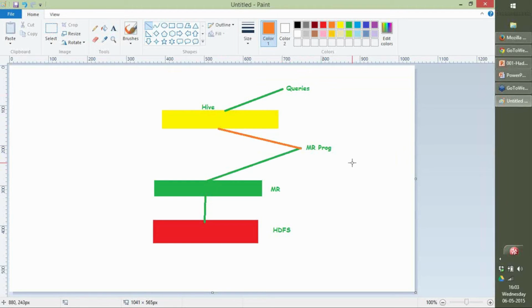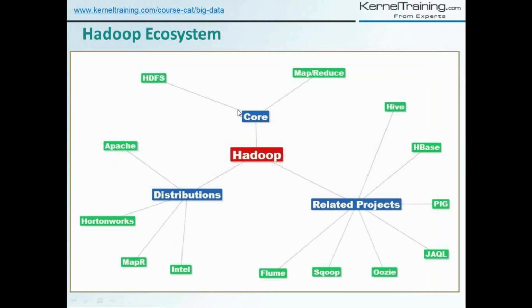We developers will be writing the queries, and those queries will be turned into MapReduce programs. Why should they be converted into MapReduce programs? Because MapReduce is a parallel computing technology. We are going to utilize that parallel processing advantage through our queries by interacting with MapReduce.